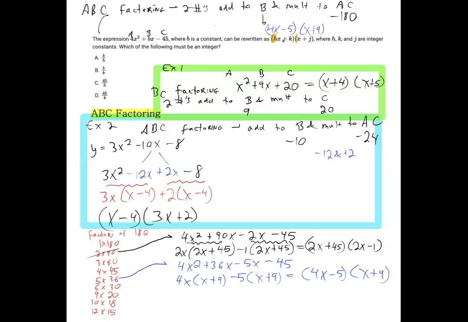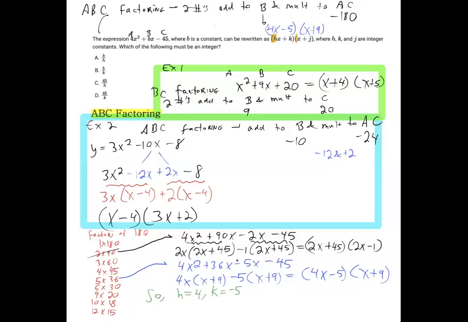So in this format, we can say what our variables are. We can say that h must equal 4 right there. We can say k equals -5. And that's okay because they didn't tell us that these letters had to be positive. They just said integers.